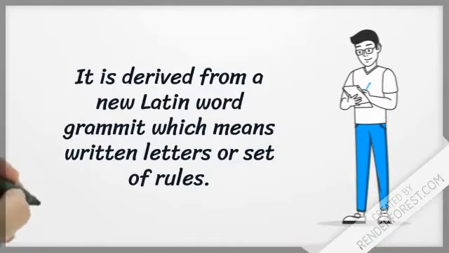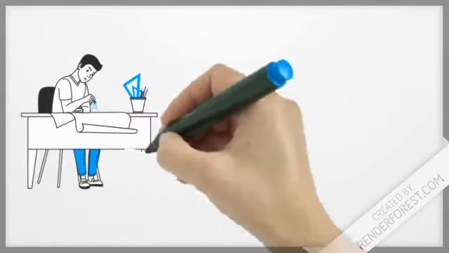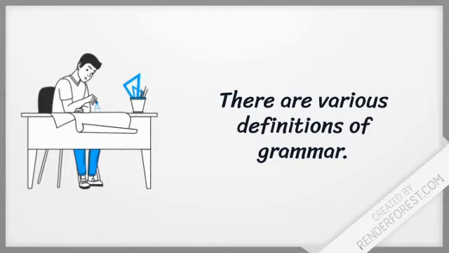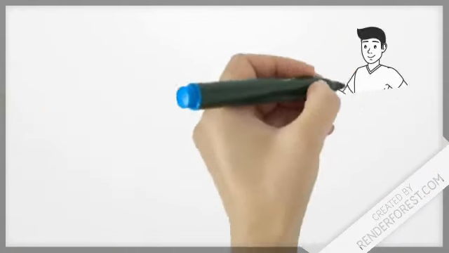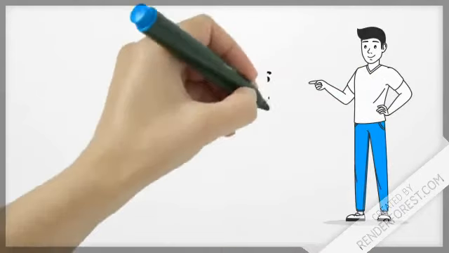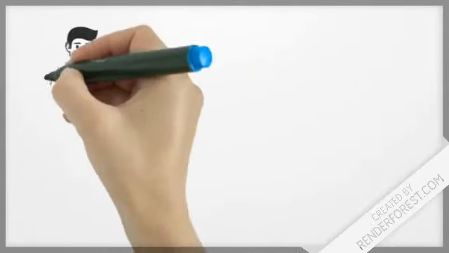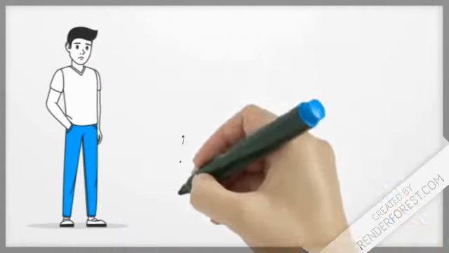It is derived from a new Latin word grammat, which means written letters or set of rules. There are various definitions of grammar. One, the system of rules that indicate how our thoughts can be expressed is called grammar. 2.